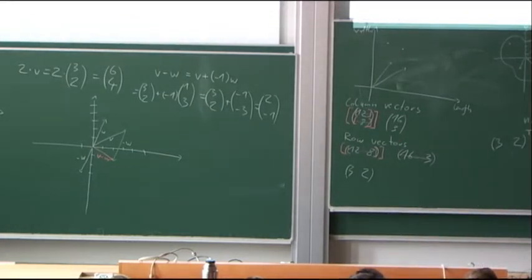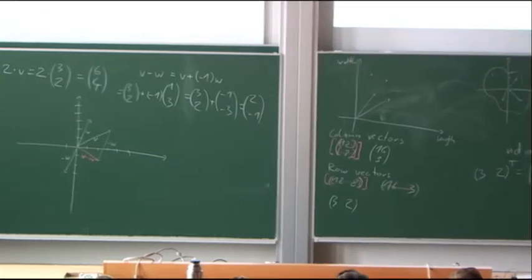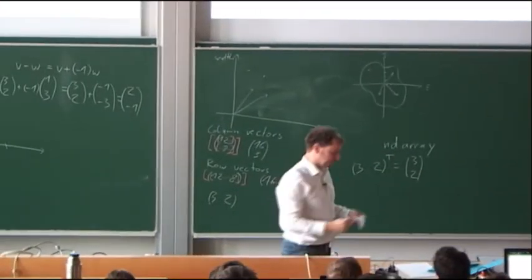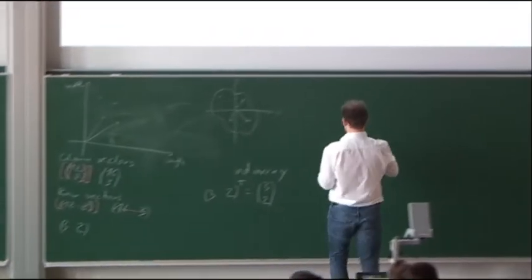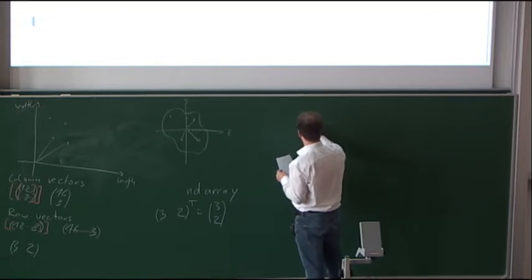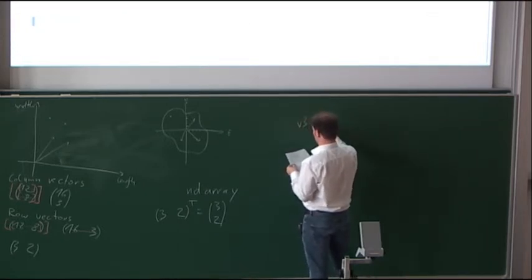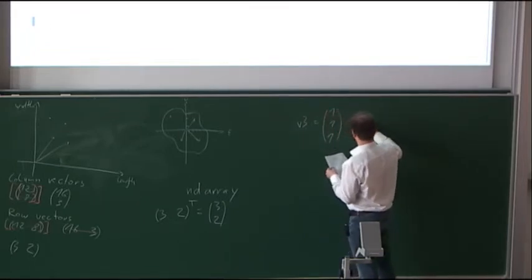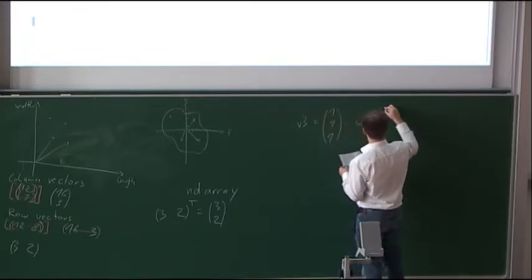Vectors don't have two elements, they can have any number of elements, right? So we can also have three-dimensional vectors, for example. Let's create a vector v3, which will be 1, 1, 1, and w3, which will be negative 1, 1, 1.